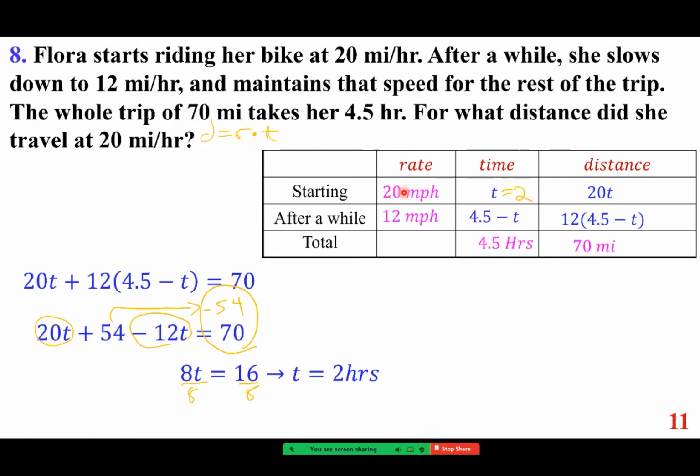What was the distance covered here? 20t, or 2 times 20, 40 miles. Needless to say, we can answer the rest of it as well, and it becomes clear. So for example, here we spend 2.5 hours times 12, and that gives us 30 miles. So everything should work out, and they do.